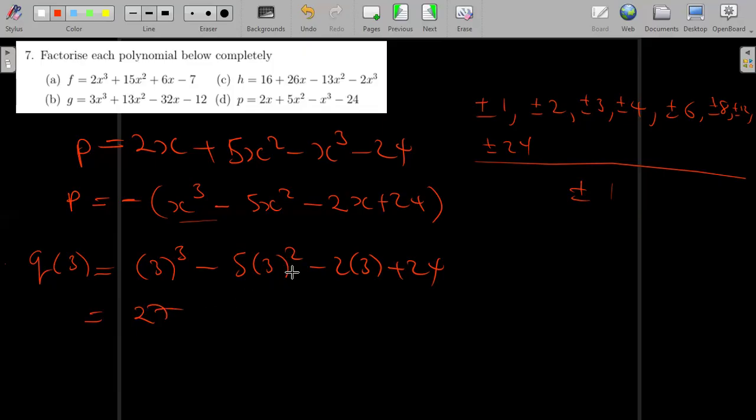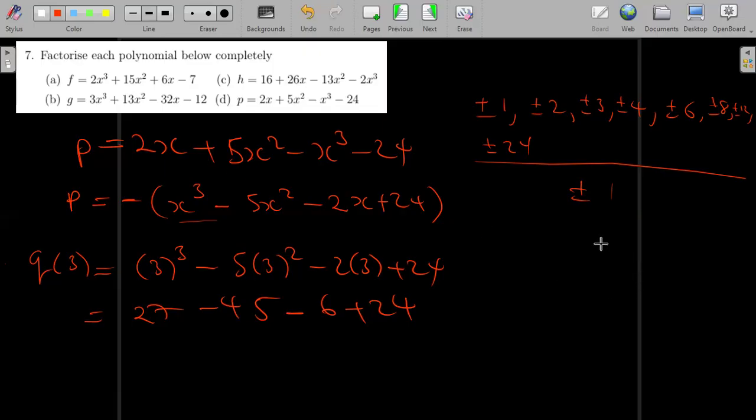That gives me 9 multiplied by what gives me 45. Then I have that multiplied, that gives me 6, and I have a plus 24. So what does this give me? When I add all this, it has to give 0.